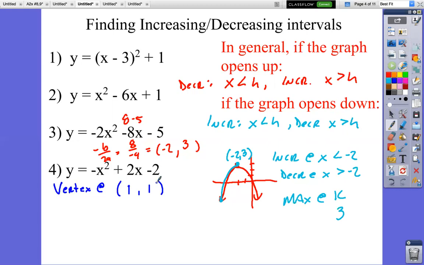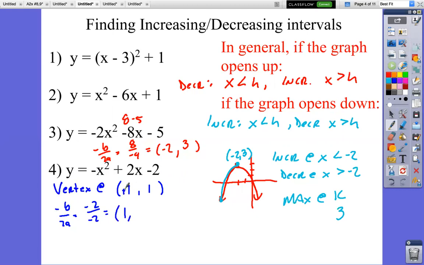Can somebody verify that or correct it? -1, 1. Anybody else verify or correct? Let's do opposite of B over 2A, right? Opposite of B is -2 over 2 times A is -2. So it looks like it's 1 for sure.